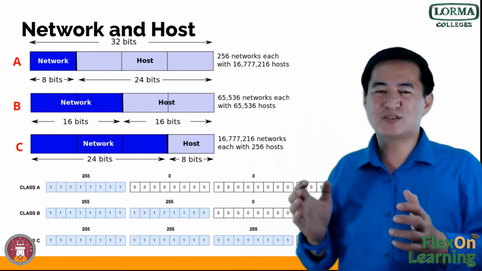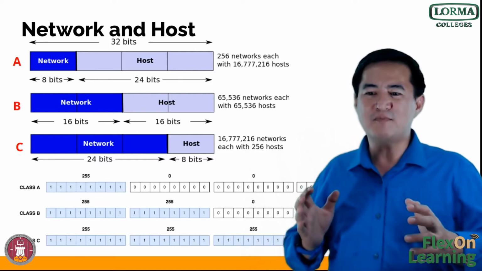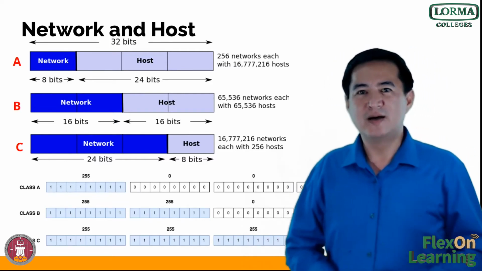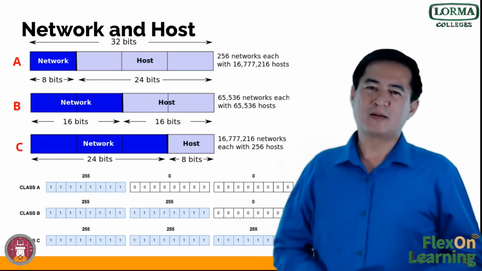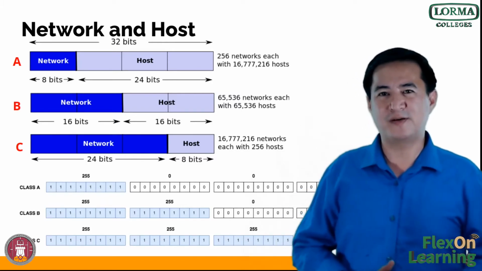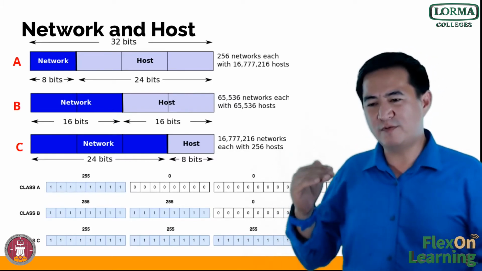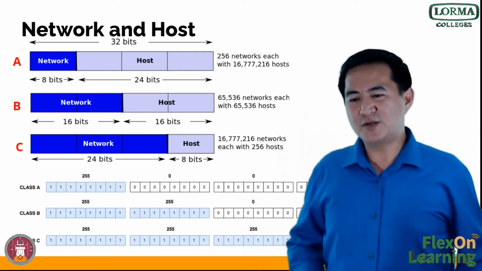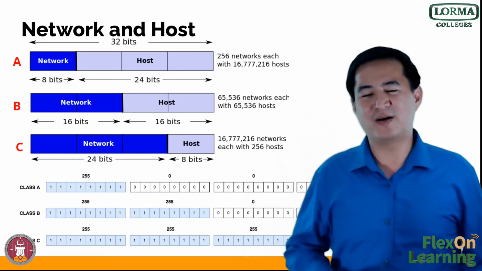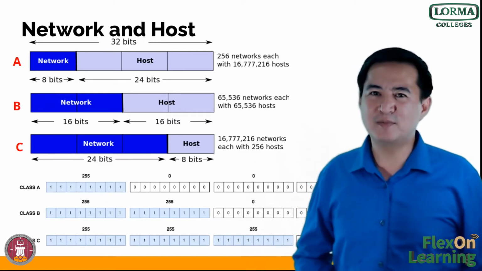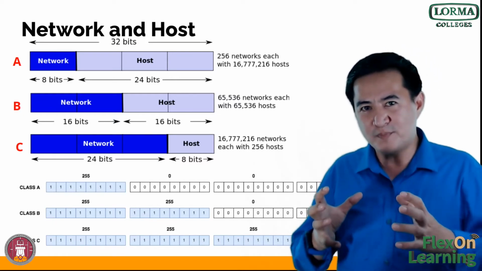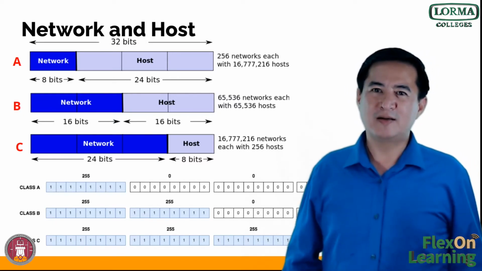But in each network, you can have as much as 16,777,216 hosts. So that's a very big group. Whereas when you move on to class C, you can have more groups. However, you can only have a maximum of 256 devices, computers in that particular network.